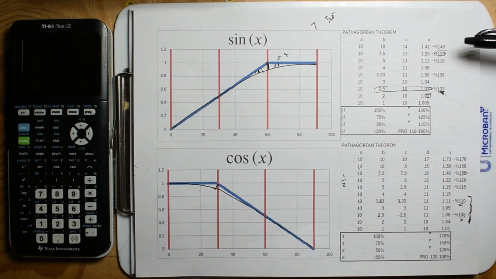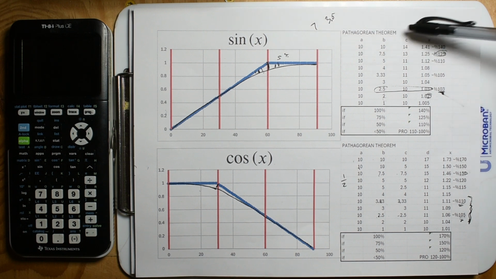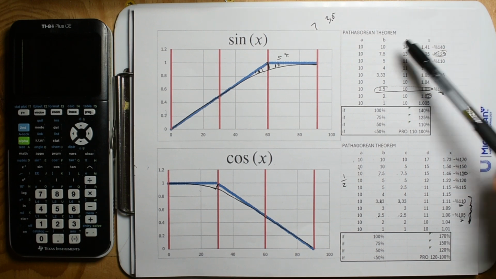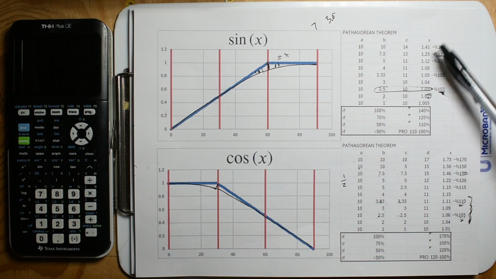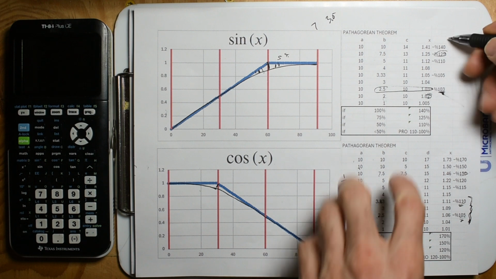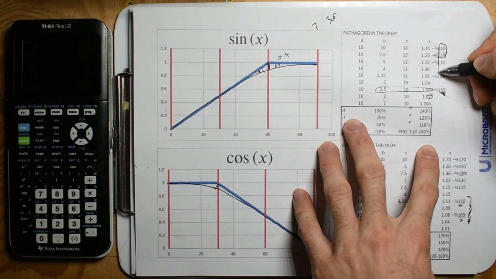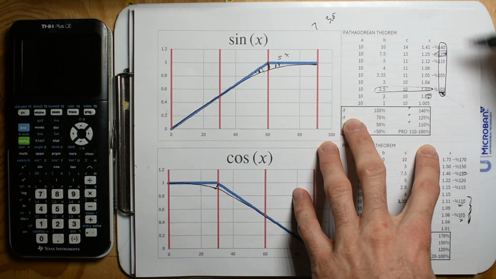So there's only a couple values here that are needed. One is like 150% or 140%, however you're going to approximate if they're both equal, a 45-degree triangle. If one is 75%, I'm trying to remember, that is 125%. I think it's easier just to think of these numbers as the addition.